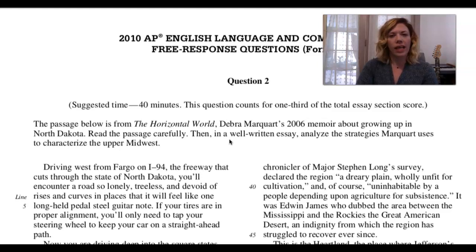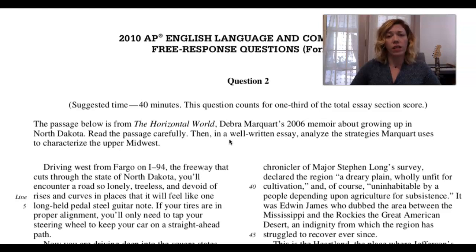But how do we distill this into one thing to write about? Because the way that this text operates is by aggregate, meaning all of these pieces are collected together to create a collage or a portrait of this author's portrayal of the Midwest. And so it's hard to pick a single thing to talk about or focus on. So that is the challenge of pre-writing to this one.